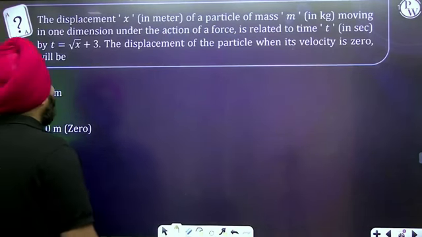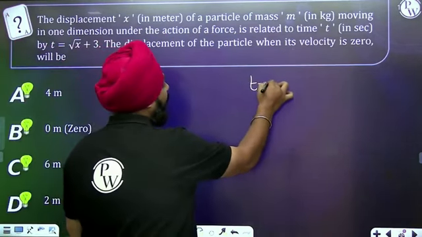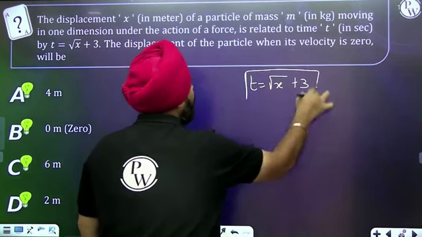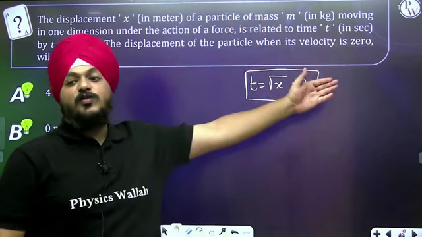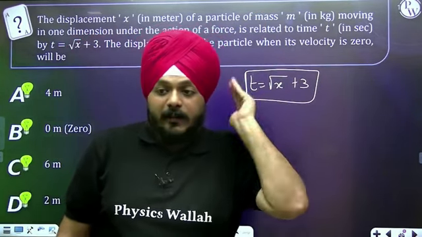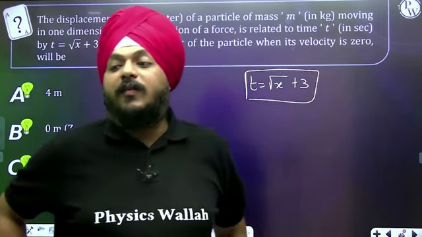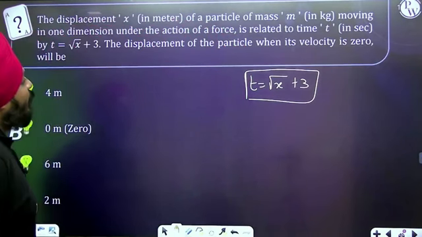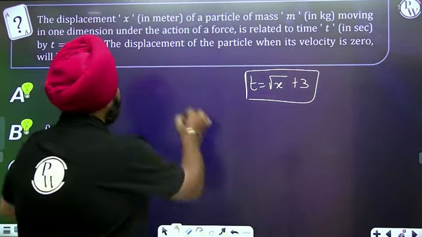Displacement of the particle depends on the time by the equation. See, one motion parameter depends on another motion parameter, and the change we are not able to define. Immediately we are going to use the calculus method. The displacement of the particle when velocity is zero.